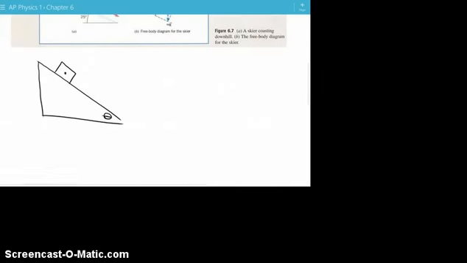So we know that we have a kinetic frictional force that's pointed up the incline, and we've got some component of her force of gravity pointed down the incline. And if we rotate the coordinate system so that x lies along the incline, then we call that the force of gravity in the x. We'd have the force of gravity in the y as well.